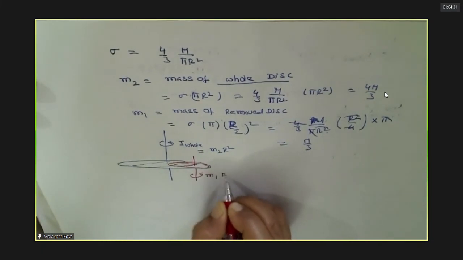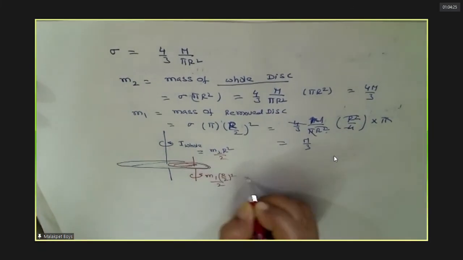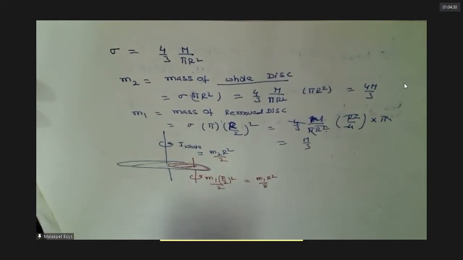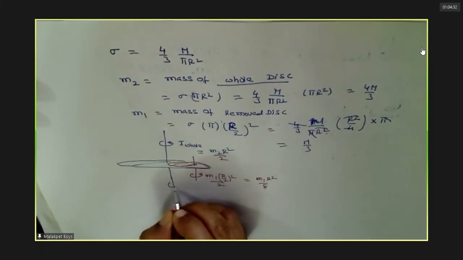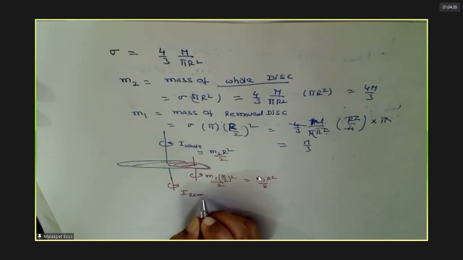M R square by 2, no? Yes, sir. Do you agree with this? Agree, sir. So about this axis, I need the removed portion.